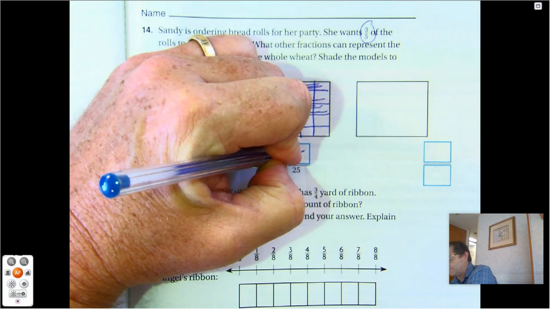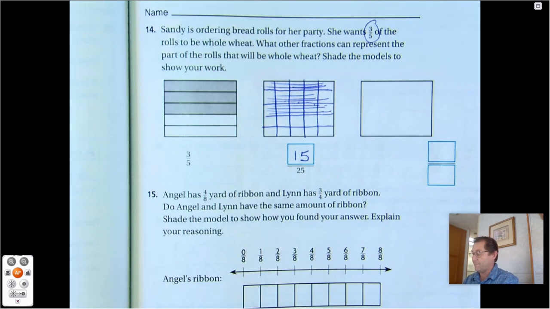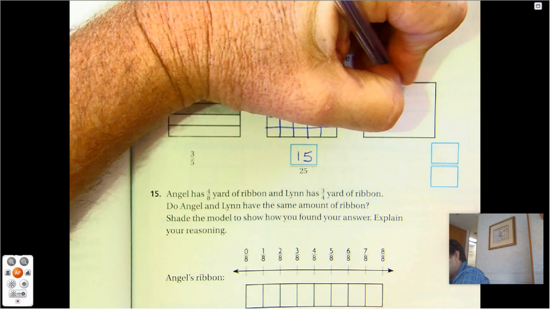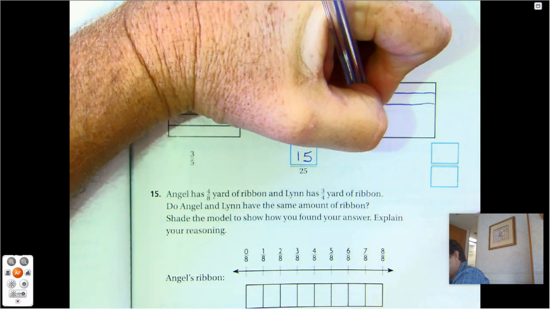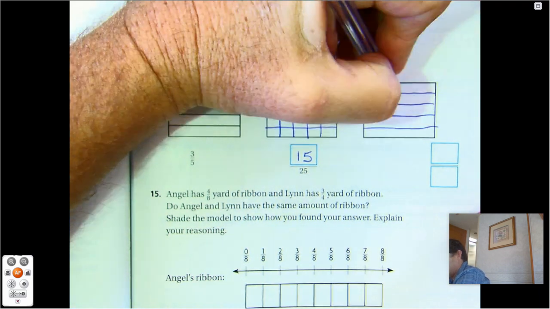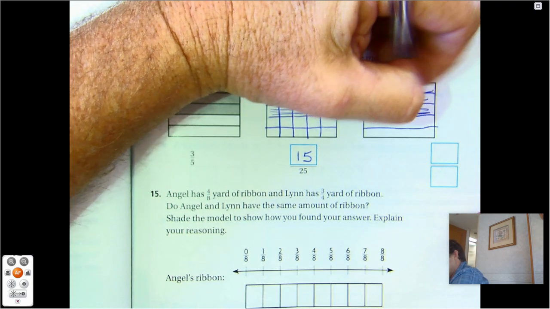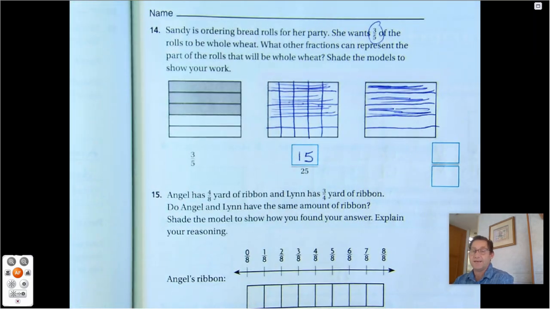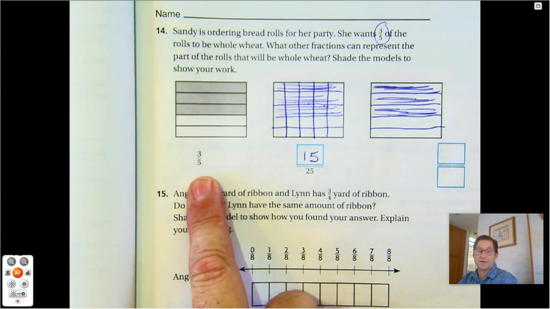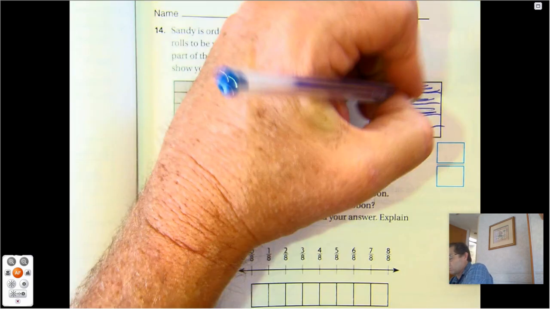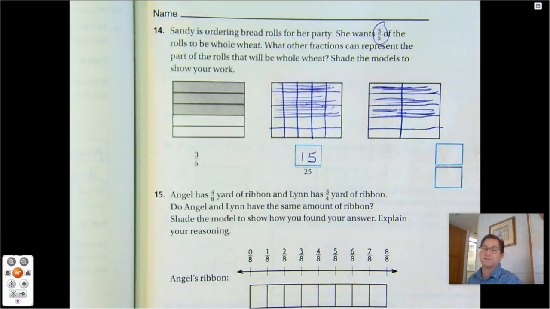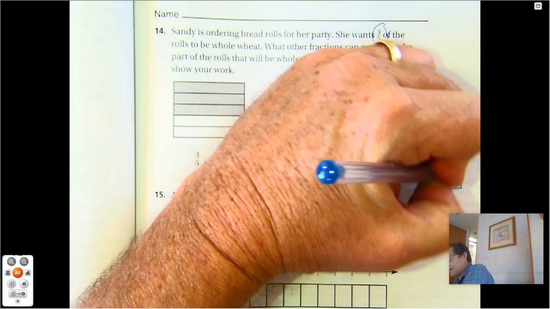All right, what's another one we could do? Okay, so I'm starting with the 3/5 again. And I just need something that I can multiply the 3/5 by. Why don't I just double the 5? So instead of having 5 pieces, I have 10 pieces, 10 total parts.